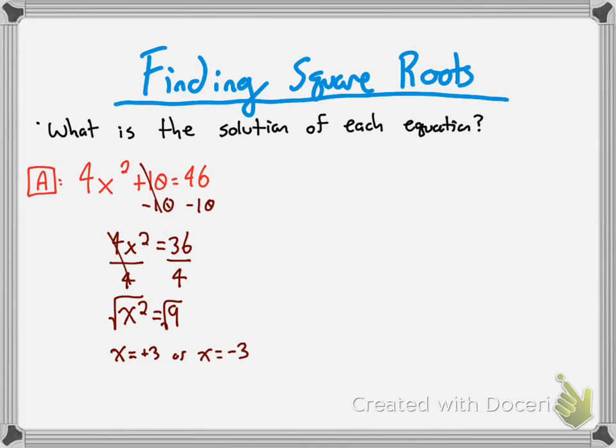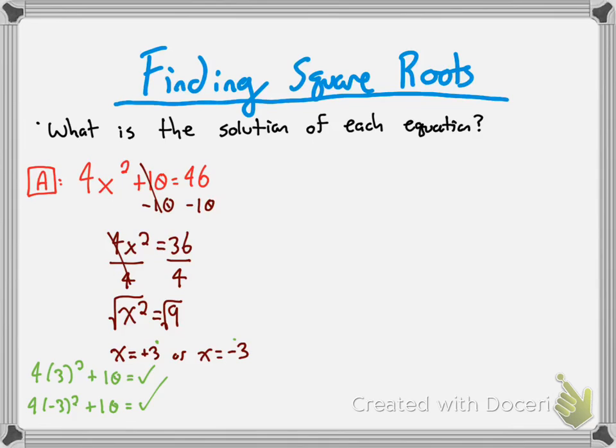One way you could double check this is plugging in 4 times 3 squared plus 10, which gives you 46. 4 times negative 3 squared plus 10 would also give you 46. So both of these answers are solutions. I have a positive root and a negative root.